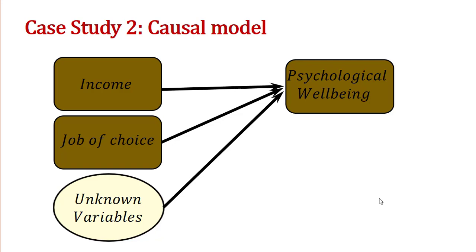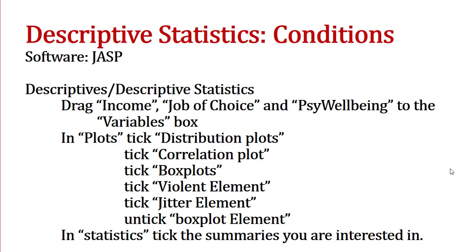And the model is that the variables income and job of choice are predictors of psychological well-being or cause changes in psychological well-being. Of course, there are unknown variables that are also part of the model.